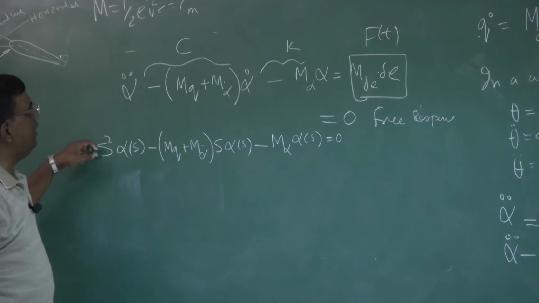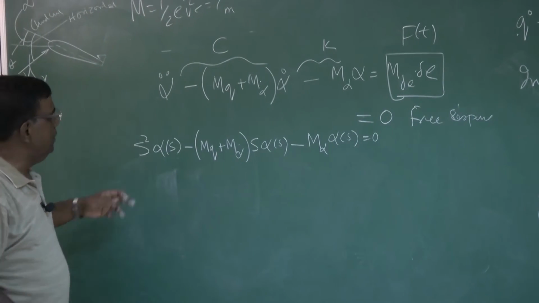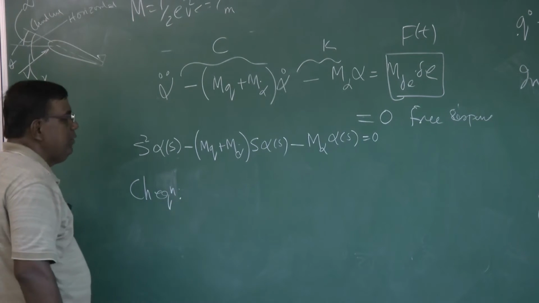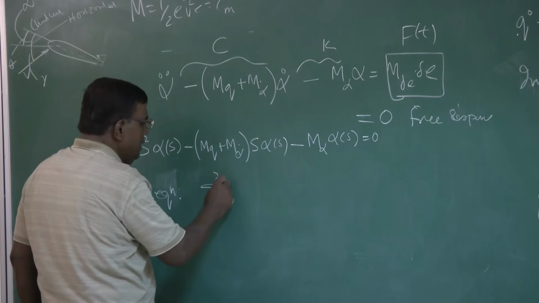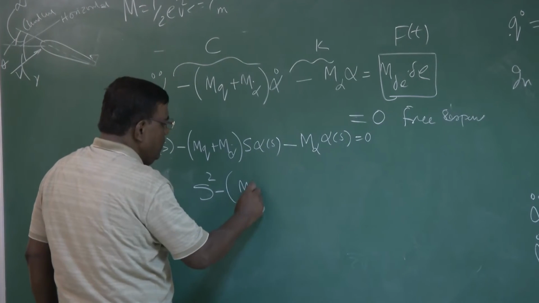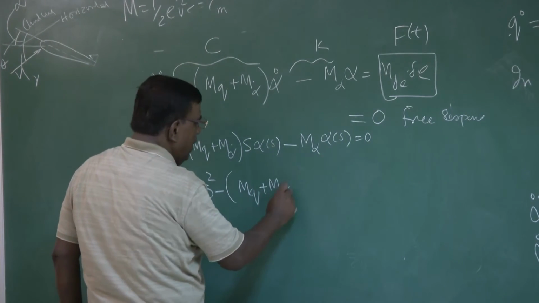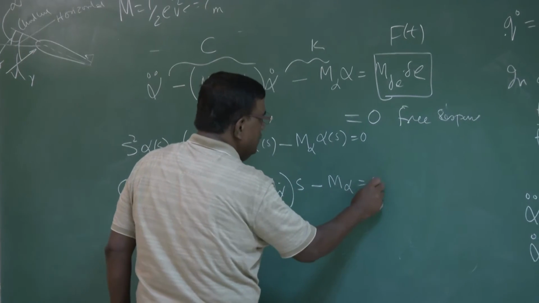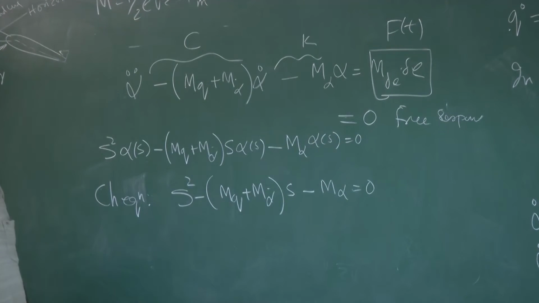I've taken Laplace transform on this differential equation. So I've got a characteristic equation now, as we got for the mass spring damper system, as s square minus (mq plus m alpha dot) s minus m alpha equal to 0. This is my characteristic equation.